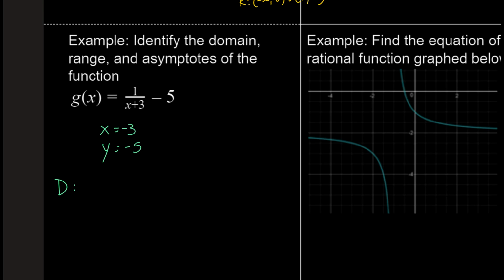I want set notation first. X is such that X is not equal to what? Wonderful. What about the range? Someone I haven't heard from. Spencer, take a guess. Come on, step it up. You can do it.